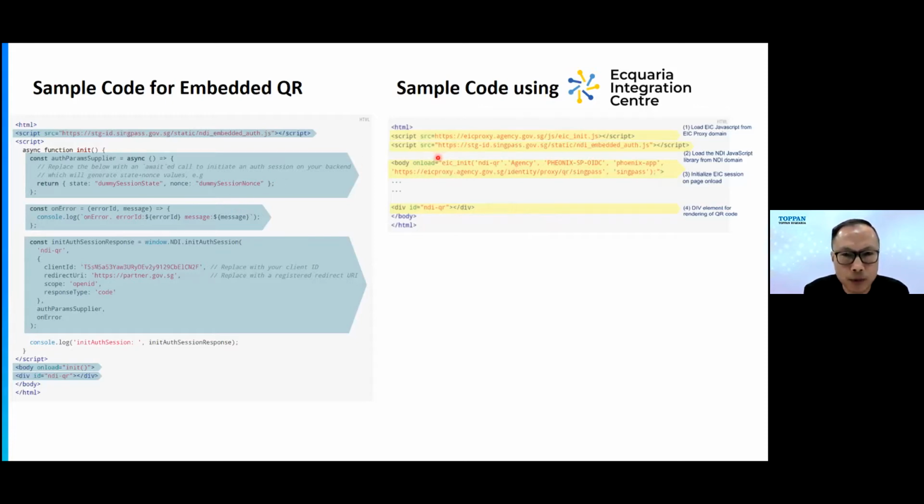For example, the functions that I described just now that you are supposed to implement on your application are now handled by the EIC JavaScript. So you just need to load the NDI JavaScript as well as the EIC JavaScript, and initialize the EIC JavaScript on load. Then your application only needs to focus on the UI side of the changes. This is how we help to simplify it.